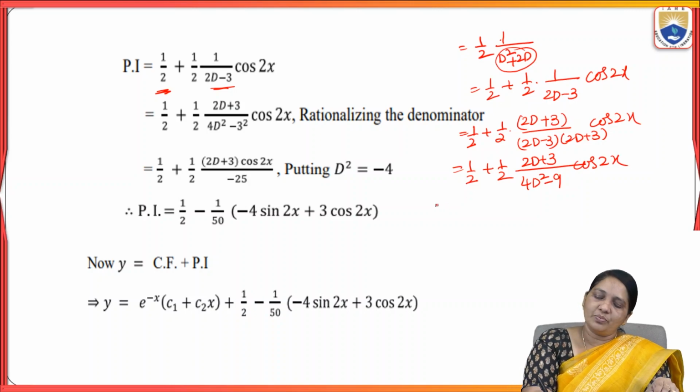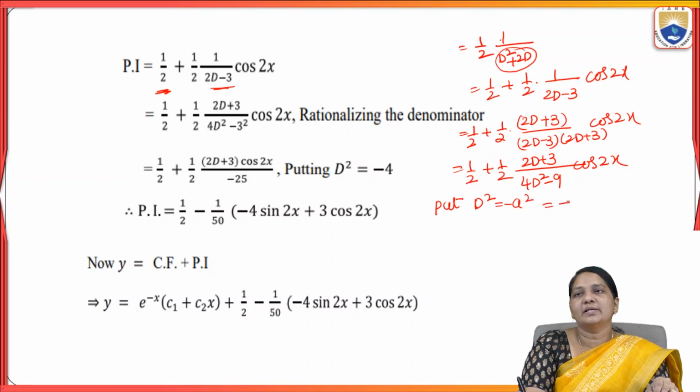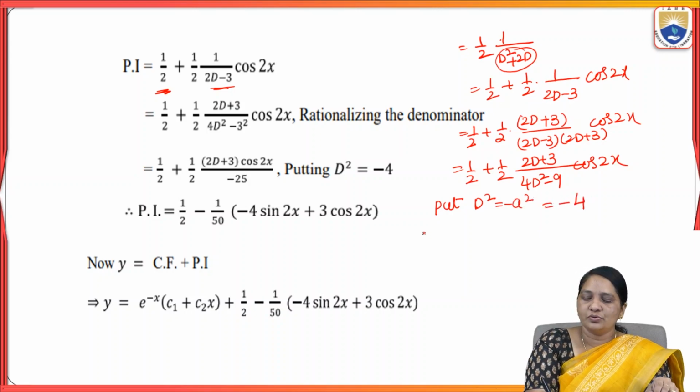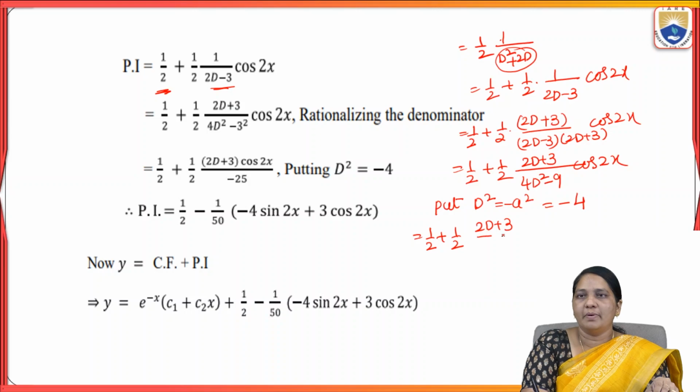Now the same procedure we have to follow here. So put D square equal to minus a square. Minus a square value is minus 4. So finally, 1 by 2 plus 1 by 2 into (2D plus 3) by (4 into minus 4 minus 9), into cos 2x.